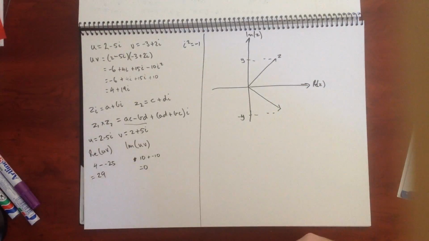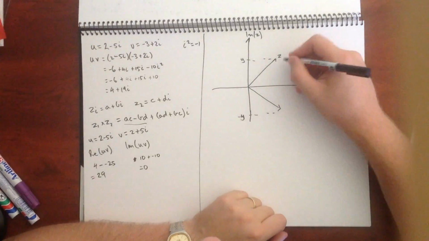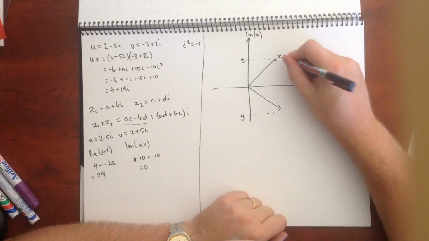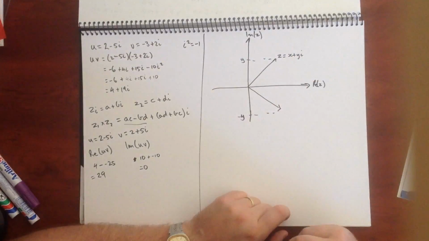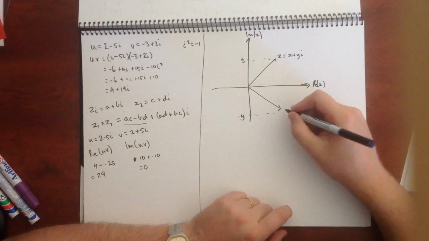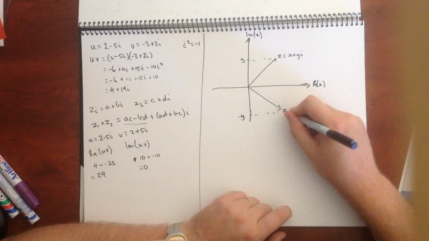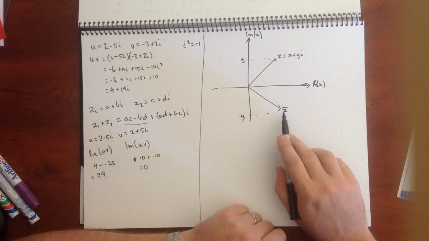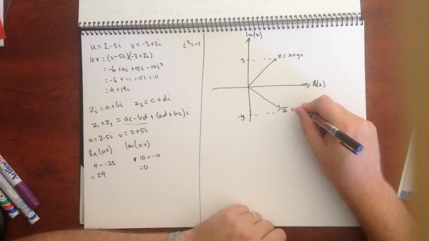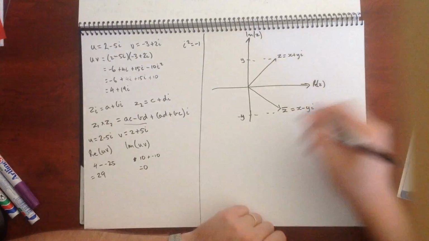So if this one here is z equals x plus yi, then the conjugate of it is given by z bar, where z bar equals x minus yi.